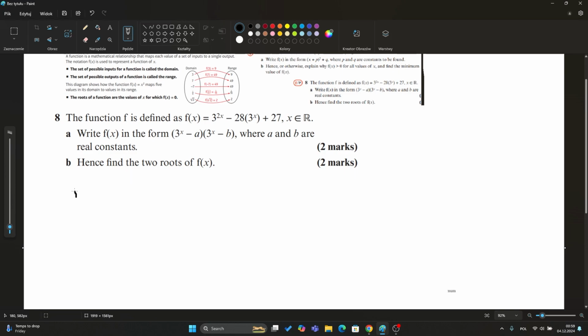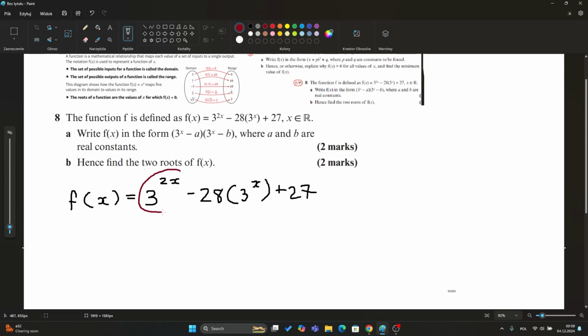So here I said that if you have something similar to the quadratic equation, you can look at the relationship between here and here. Now the common factor of 3 to the power of 2x and 3 to the power of x is 3 to the power of x. Now this can be changed into 3 to the power of x squared minus 28 times 3 to the power of x plus 27.